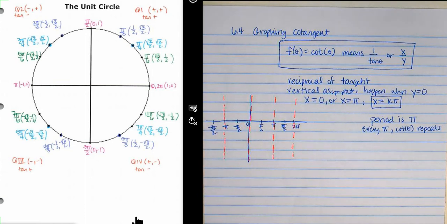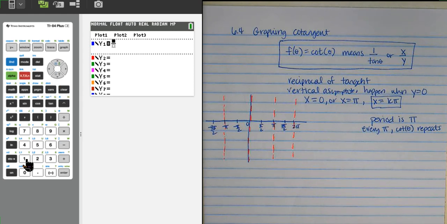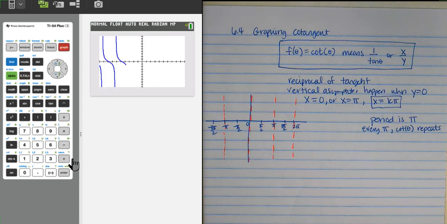Now the cool thing about tangent and cotangent is that they are opposites of each other. So if you look, I'm going to let you see it here, and we have to graph it differently. We have to graph it as a fraction. So I'm going to put 1 on top, and then tangent of theta, which will print as x, on the bottom.